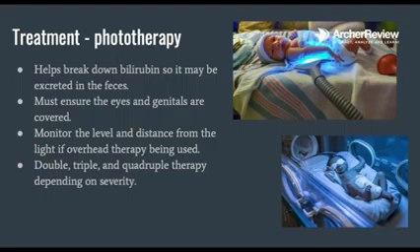The phototherapy is ordered at different levels depending on how severe it is and how much unconjugated bilirubin there is to be broken down. It can be double, triple, or quadruple therapy. If they need triple or quadruple therapy, you can't just use the billy blanket. You may need the billy blanket and also an overhead light or just an overhead light.